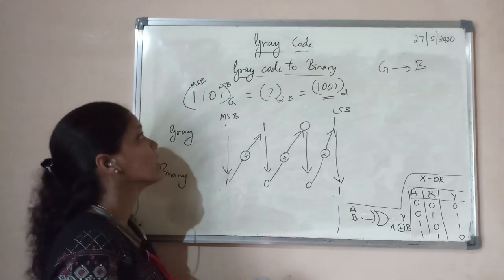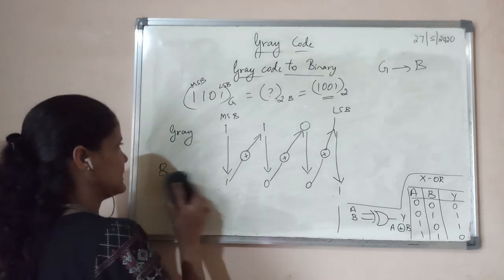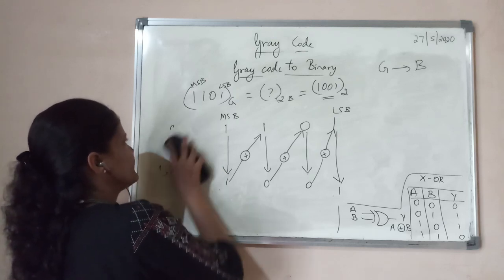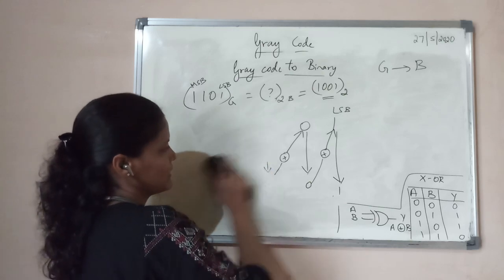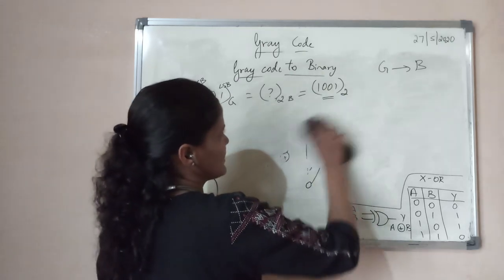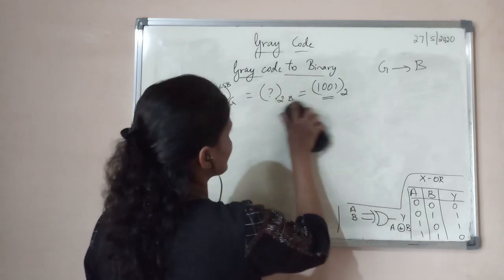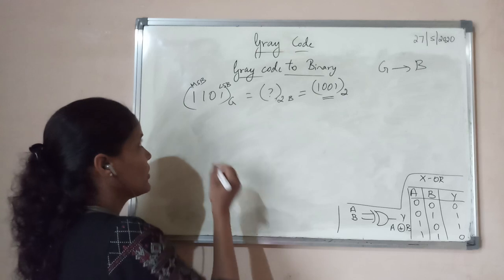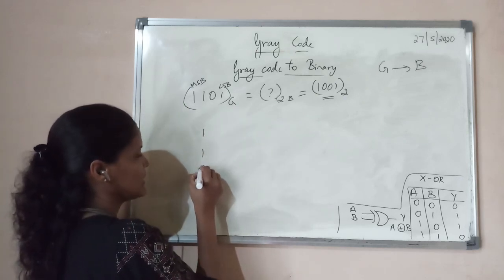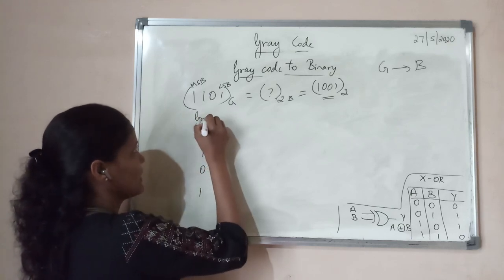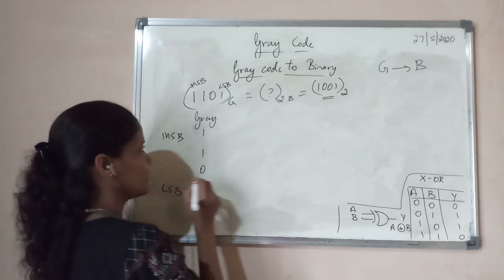If they ask for the same type of gray to binary conversion using XOR gates, you have to do it in the same manner. Write the input vertically: 1101, this is a gray code, this is the MSB of the gray code and this is the LSB.